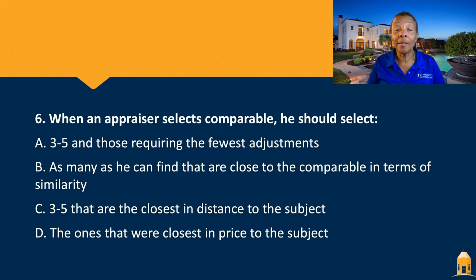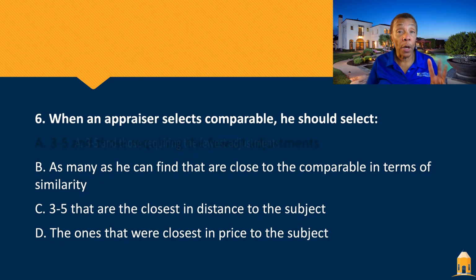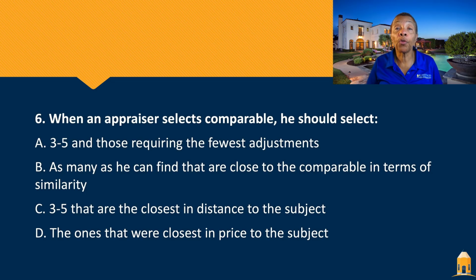D, the ones that were closest in price to the subject. So appraiser is looking for comparables. What is he looking for? He's looking for A, 3 to 5, and the ones requiring the least amount of adjustments. What do I mean by that? It's the one that's kind of most similar, right? Most similar to the house that he is appraising.